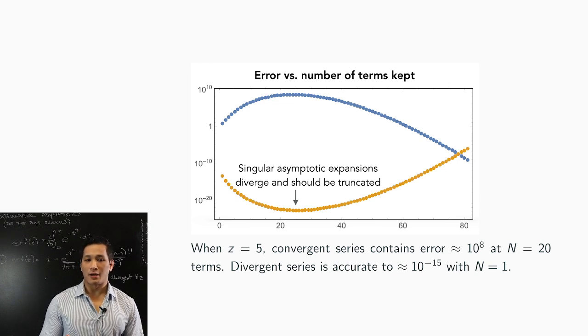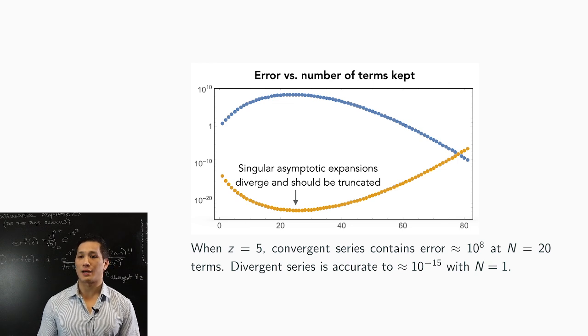And on the horizontal axis, what you see is the number of terms that I'm going to keep in my expansion. So the point is that if it's a convergent approximation, the error should decrease. It should get increasingly better and better the more terms you take, right? And the blue that you see is the convergent series approximation, whereas the orange is the divergent series approximation.